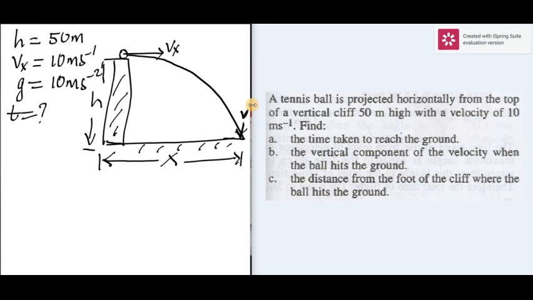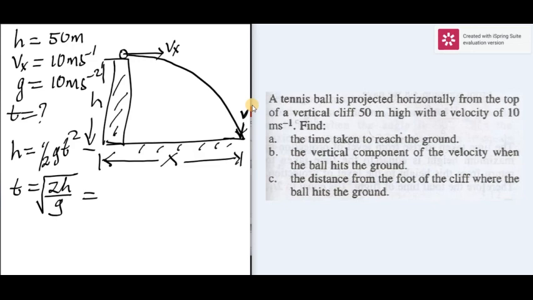Now, one of the derived equations from the equations of motion is that the height can be expressed as half g t squared. We can make t the subject of the formula as the square root of 2h all over g.